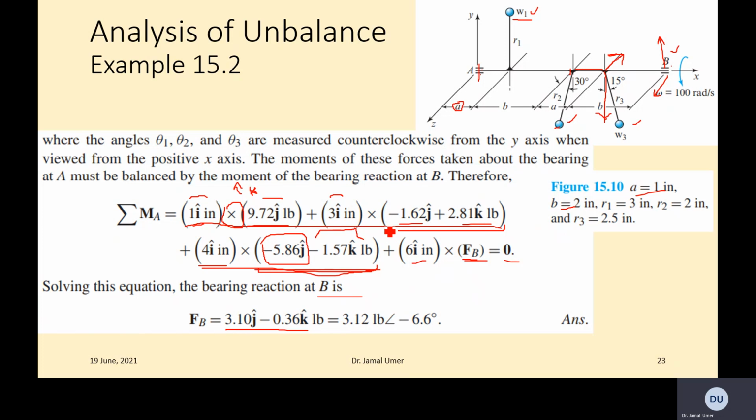For example, 1 into 9.72, so the answer for this product would be 9.72 K. For this one, 3 into 1.62, so I and J will multiply and become K. Next one is plus, so you got 3 into 2.81, this is I into K, and you will have J.